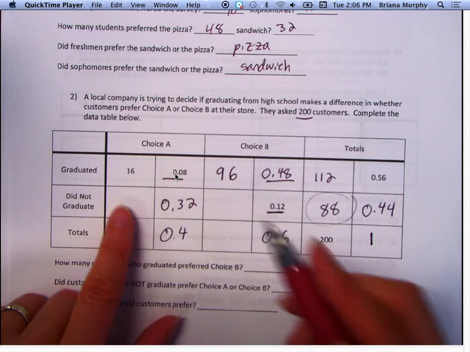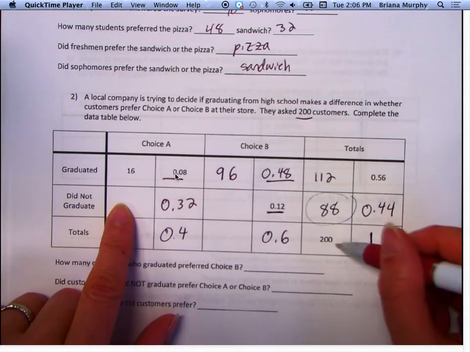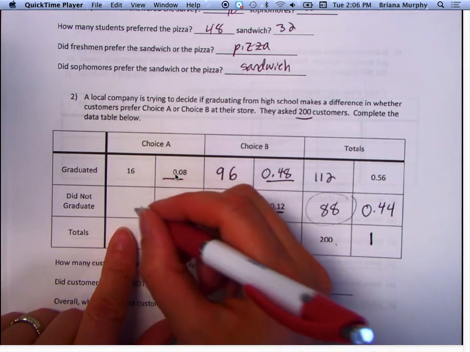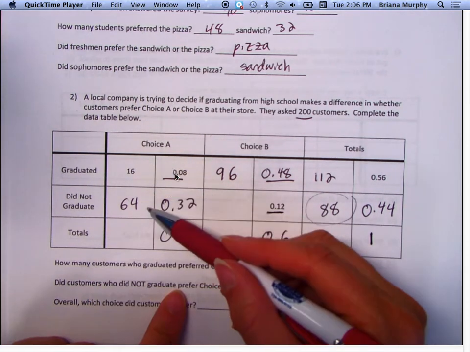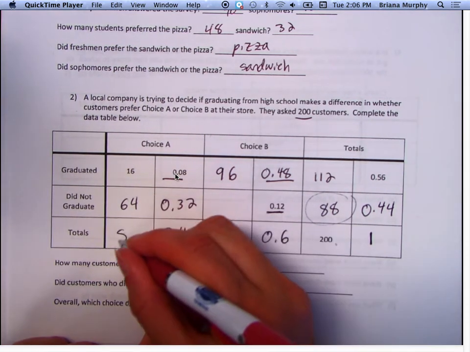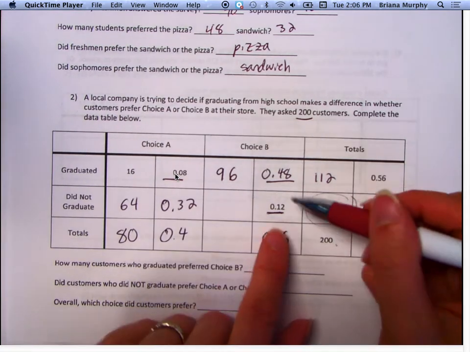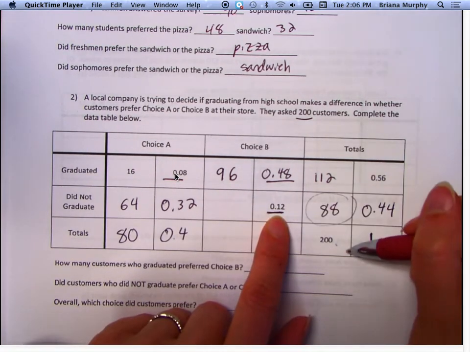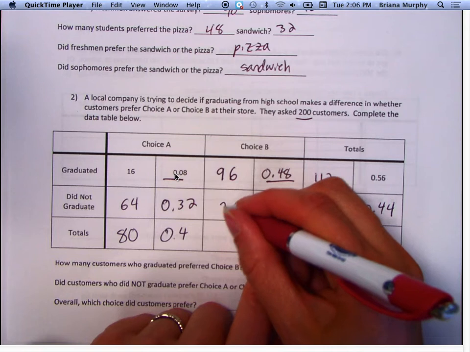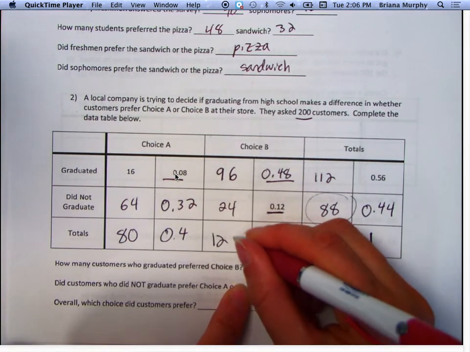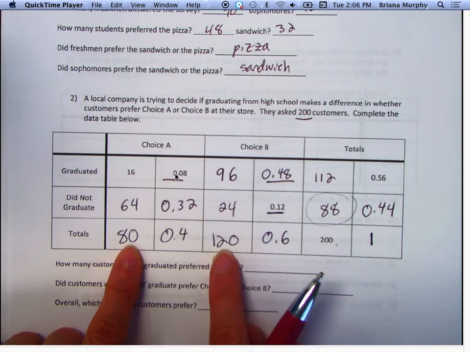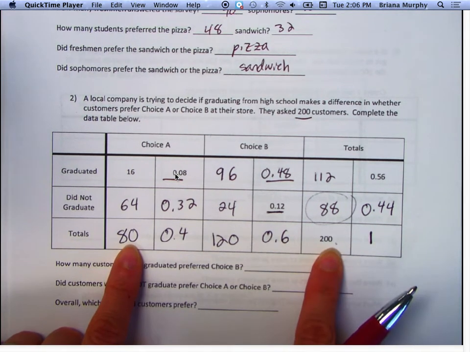So 0.32 times 200 is how much? What's 16 plus 64? Good. What's 0.12 times 200? And what's 96 plus 24? Yeah. So we have it all filled out. Does 80 plus 120 give me 200?